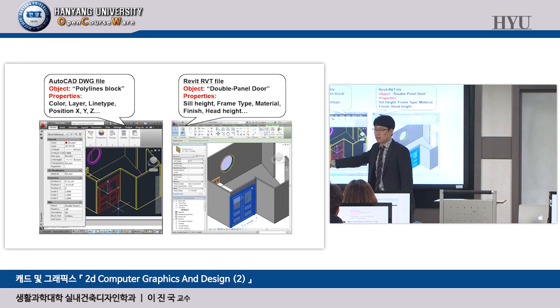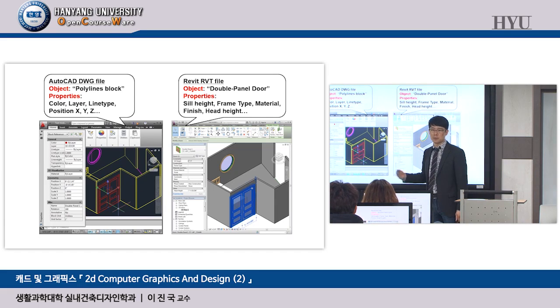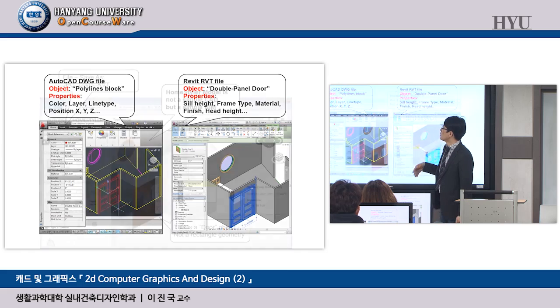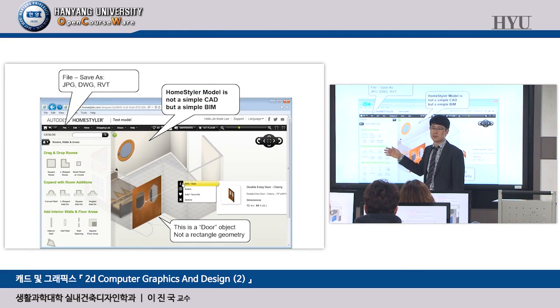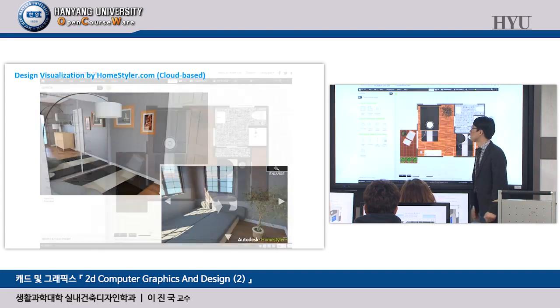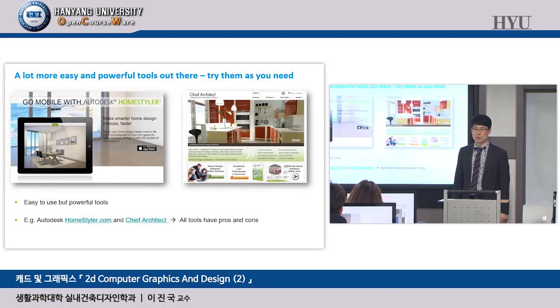Okay, AutoCAD, Revit, SketchUp, Rhino, Grasshopper, some other related professional tools. They are design or design development tools, but don't ignore this kind of layman's tool. I mean, some non-professional tools like homestyler.com or something like this one, Chief Architect, okay?